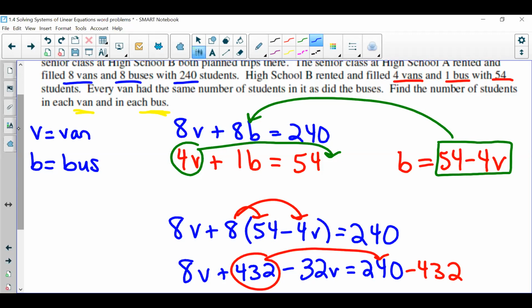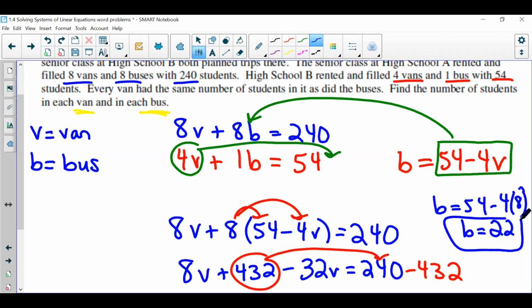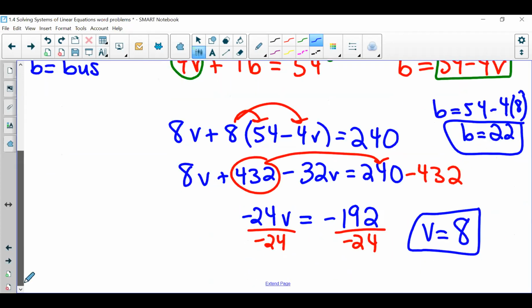So it's 54 take away 4 times 8, which is 22. Good. So what's our therefore statement? Therefore, buses could hold 22 kids and vans could hold 8. Nice.